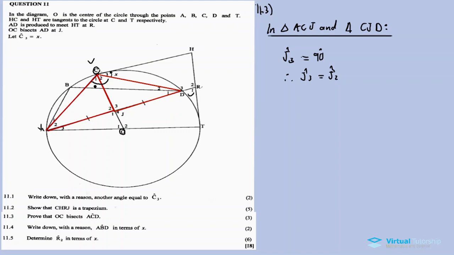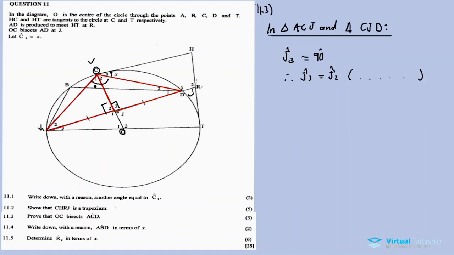The line OC is perpendicular to AD, so it's 90 degrees. Yes, therefore it's because of the theorem: line from the center bisects the chord AD.